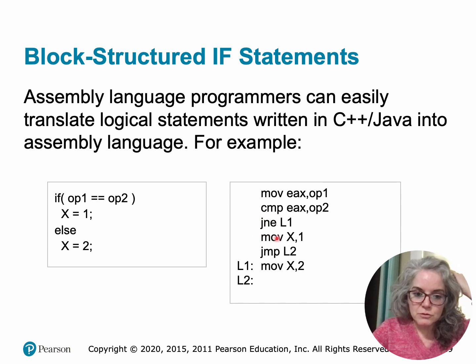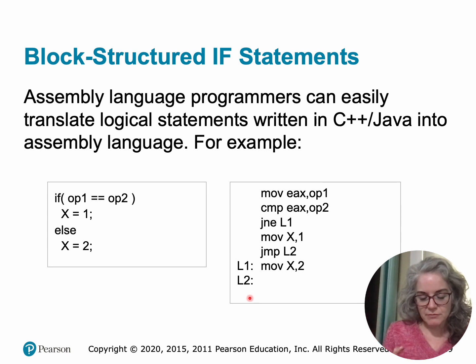It actually goes to this instruction and assigns 1 to X. Once it assigns 1 to X, it jumps to L2 and just does whatever comes after that, the rest of the code. Okay, so this is how to implement this in a high-level language.